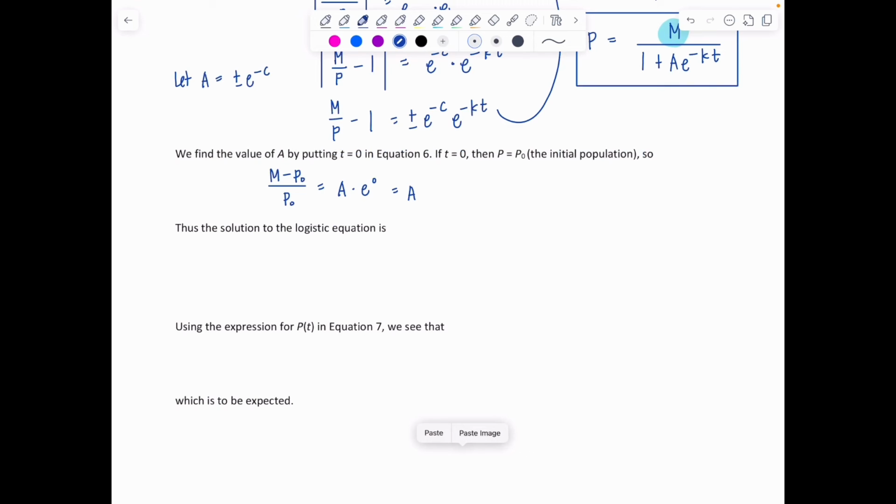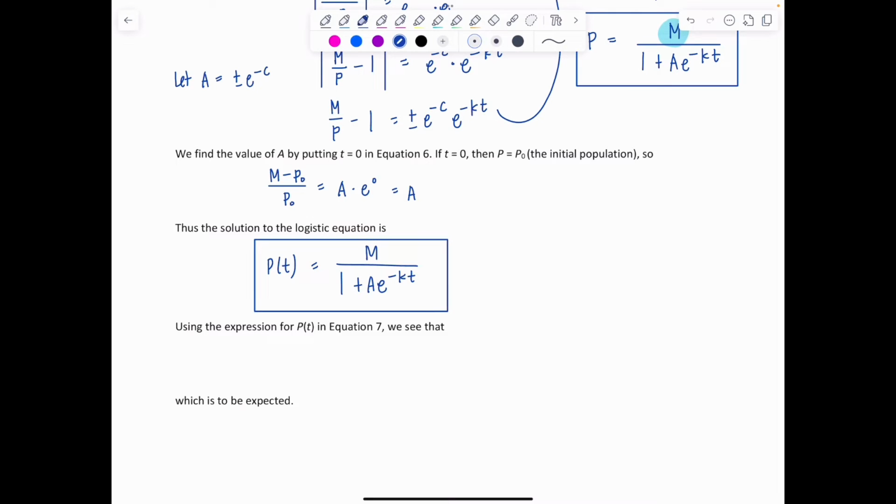And then if we want to put it all together, we can say our solution to the logistic equation is as follows. P of t equals m over 1 plus, let's leave it as a, e to the negative kt. This is the solution. And then just off to the side, we'll specify where a equals m minus p naught over p naught. And those will be given to you typically, okay?